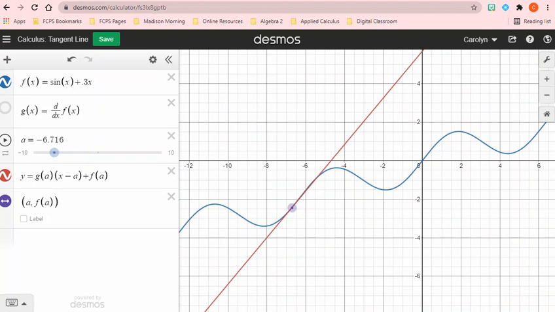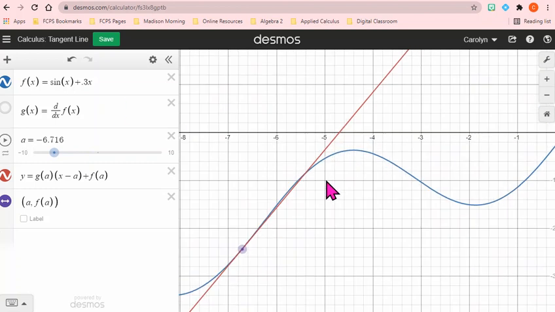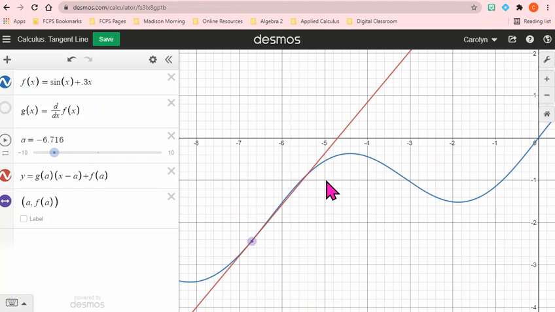Can you find the slope of this tangent line? Yeah, you can. You ready? Super tricky. Well, I think I'm going to count from here to here. 1, 2, 3, 4, 5, 6. 1, 2, 3, 4, 5.